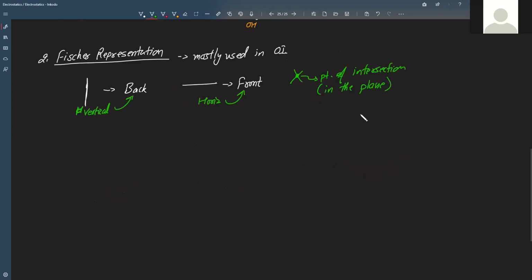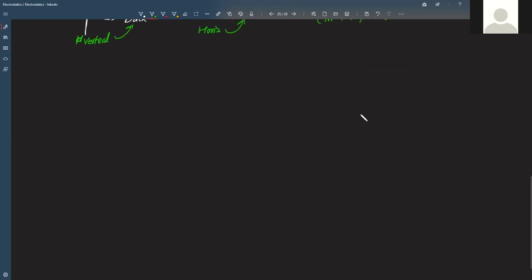So suppose I'll represent a molecule like this, say the same lactic acid. If I have to represent it using Fischer representation, I'll represent it just like this. Now, if I want to show that COOH is behind or in the back of the screen, I'll write it here, COOH, right?